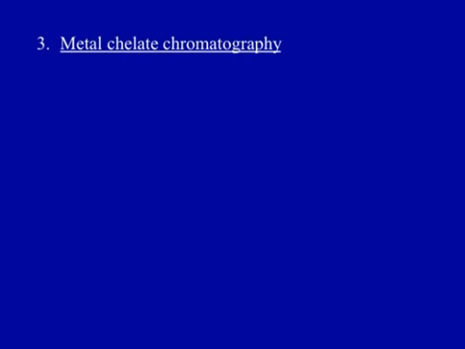So, immunoaffinity chromatography is another important form of affinity chromatography. Then there could be metal chelate chromatography. In this technique, an immobilized metal ion, which could be copper, zinc, mercury, or cadmium, and so on, or transition metals, is used to bind proteins selectively.